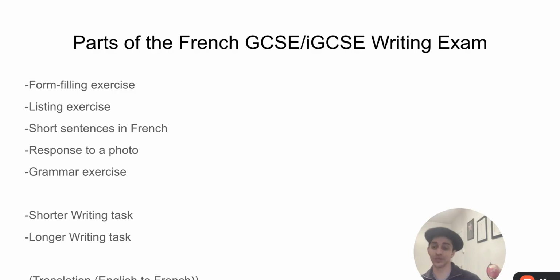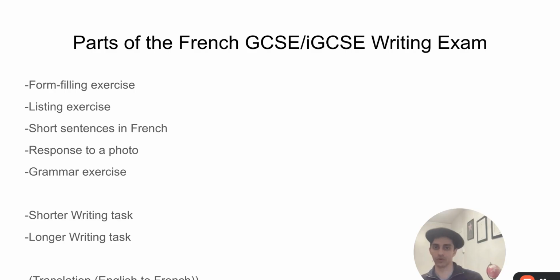Which particular tasks you would have to do depends on whether you're doing foundation tier or higher tier, and which exam board you're studying. So the exact format varies depending on your exam board, and I highly recommend looking at the website of your exam board for further details on what your particular exam will be like. But these are the possible parts of the French GCSE and iGCSE writing exam.